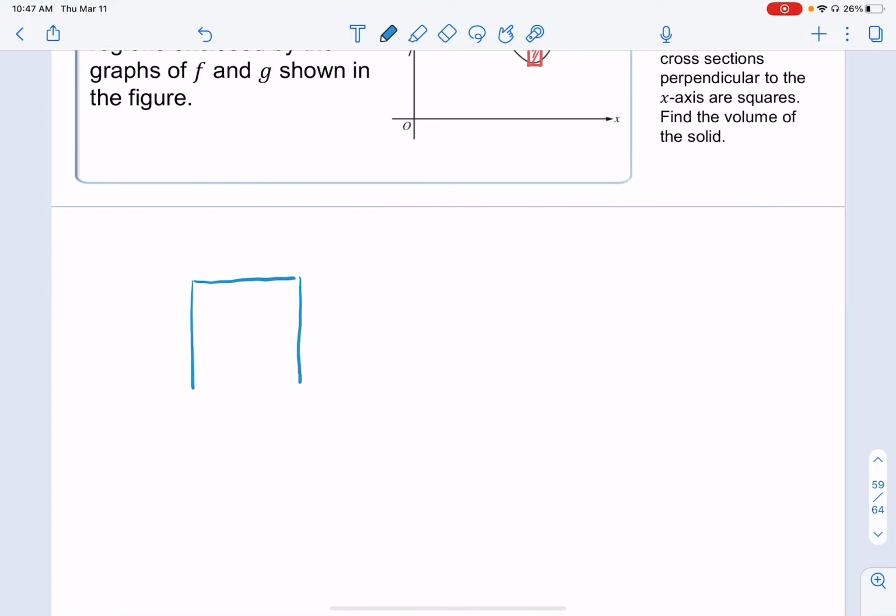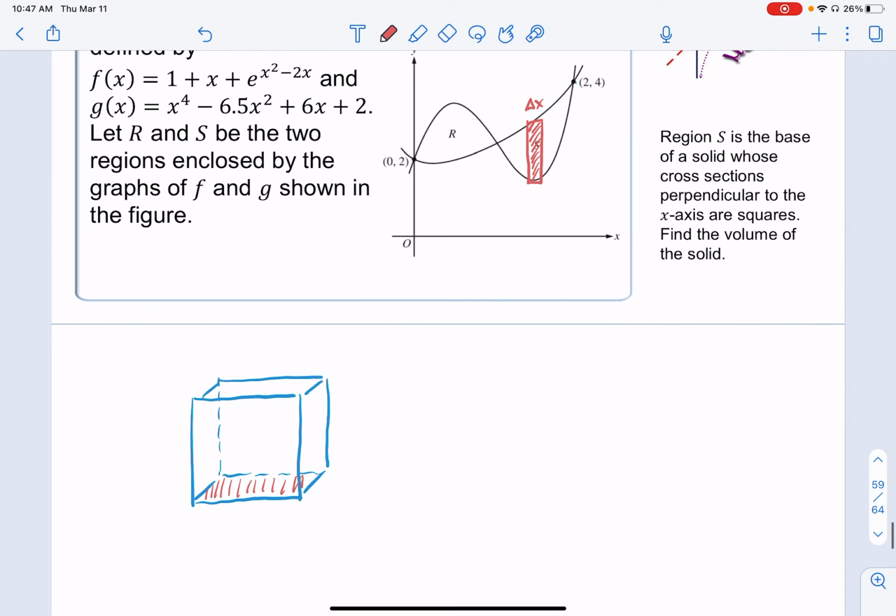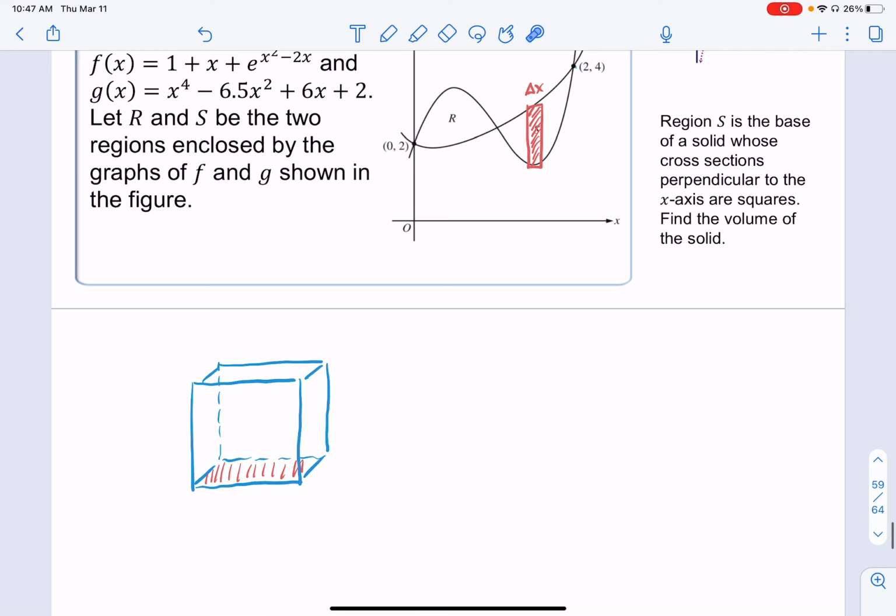We've got a square here, and then I'll draw another one offset from that. Basically, this bottom square here corresponds to my representative rectangle that I just drew right here, and I know that that is a delta x.